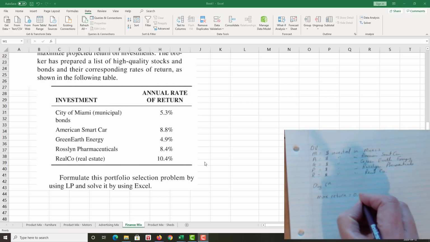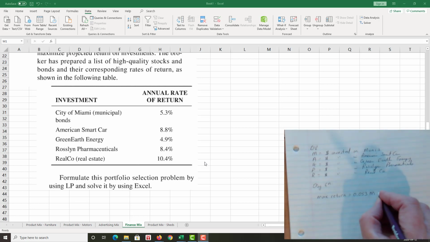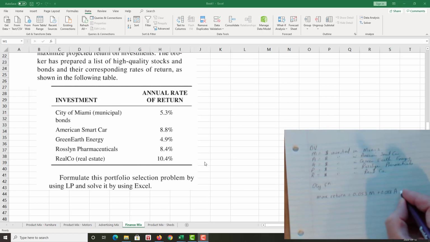So I get 0.053 times M. That gives us our return on municipal bonds in dollars, and then plus 0.088 times however much we have in American Auto, plus 0.049 times however much we have in Green Earth Energy.